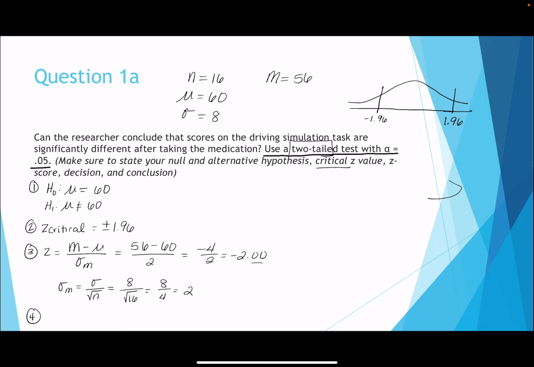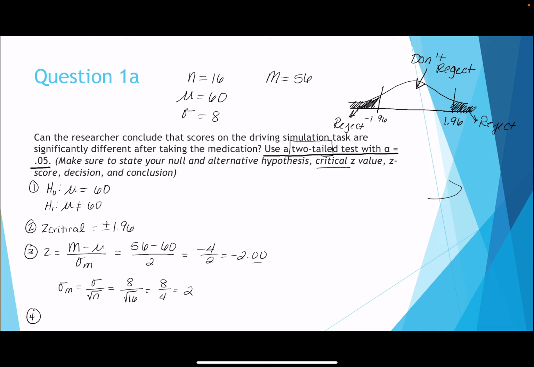If the z-score that we found in step 3 lies in this area, which is lower than negative 1.96, or it's higher than 1.96, we are going to reject the null. So this is to reject, and this is to reject, either one of those. But here in the middle, this is where we do not reject, if it falls in between them.